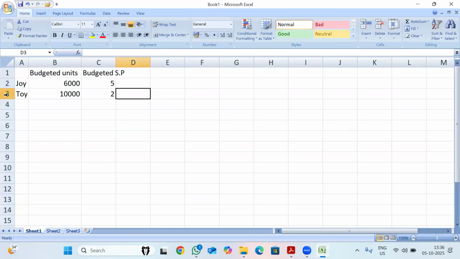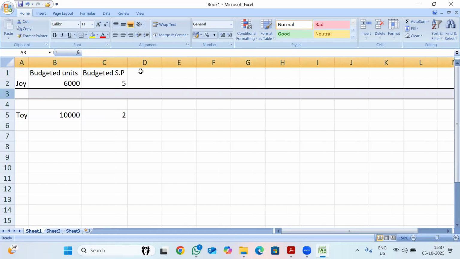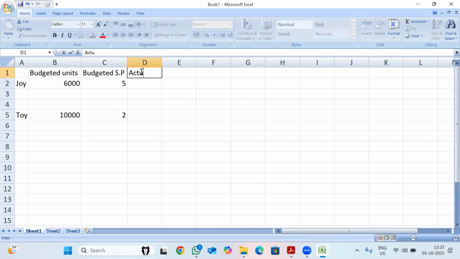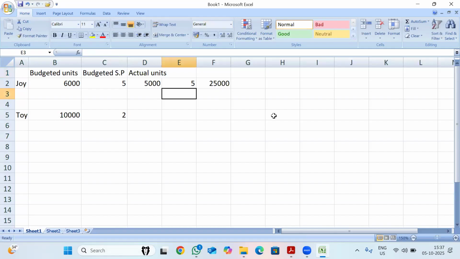Now let's come to actual. So my actual units: here I have 5,000 units for 5 rupees, so 5,000 into 5 is 25,000, and another lot is 1,500 units into 4.75, so 7,125.